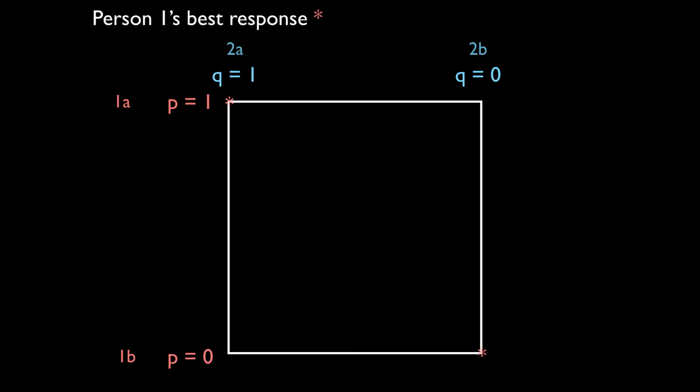Person 1 gets a 4 if person 2 is playing A, with probability Q. So it's going to be 4 times Q. Remember, the expected value is your payoff of something times the probability of that something, added up over all things. Person 1 could get the 0 with probability 1 minus Q. That's person 1's expected value. If I simplify this, this is 0, this is 4.